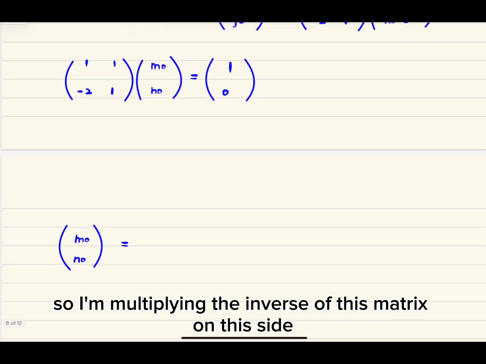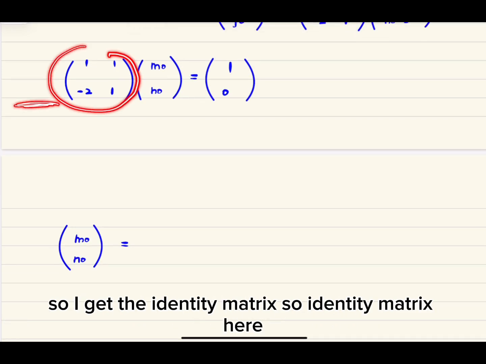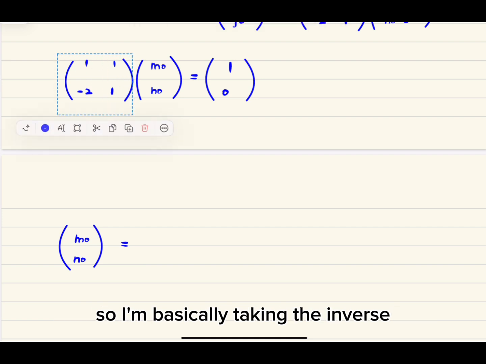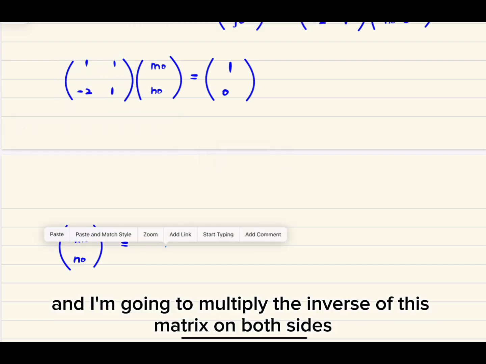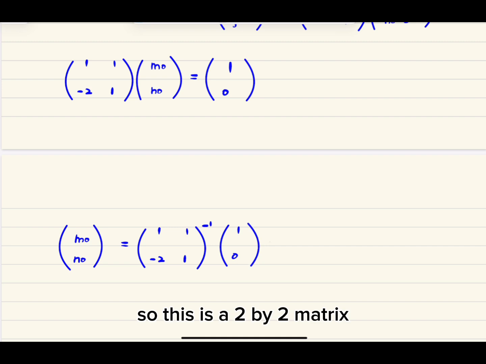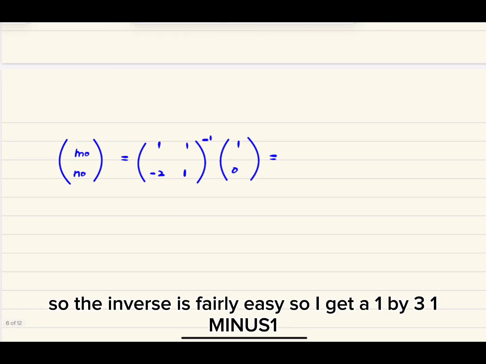So multiplying the inverse of this matrix on this side, I get the identity matrix here, and I have to multiply the inverse over here. So I am taking the inverse and multiplying the inverse of this matrix on both sides. This is a 2 by 2 matrix, so the inverse is fairly easy.